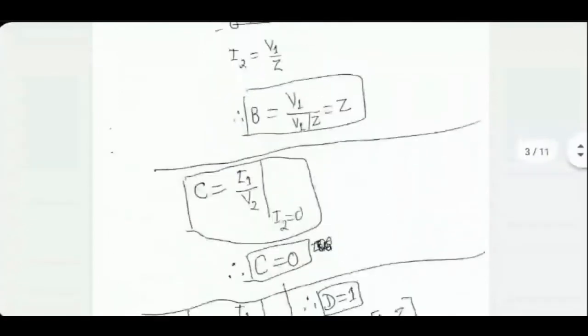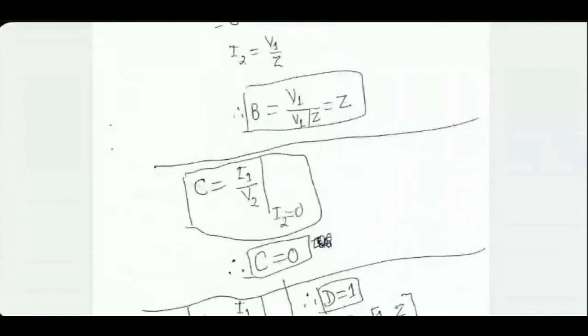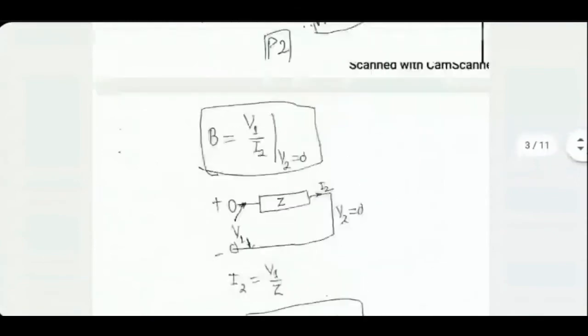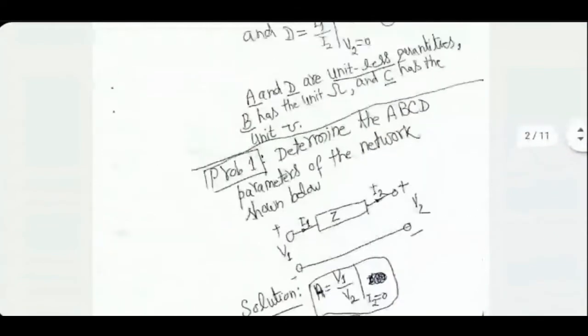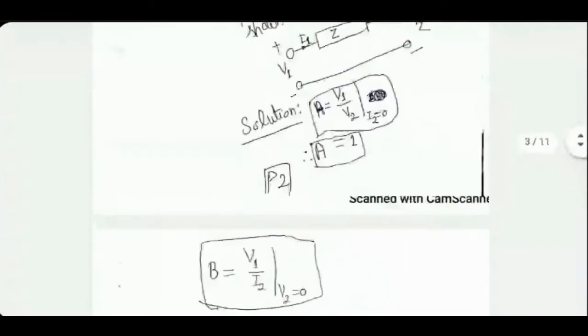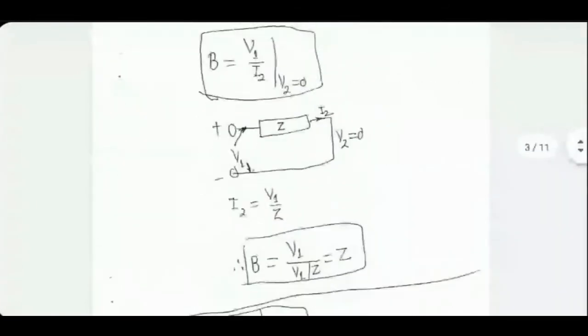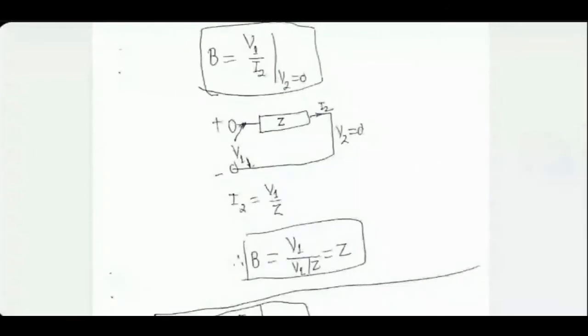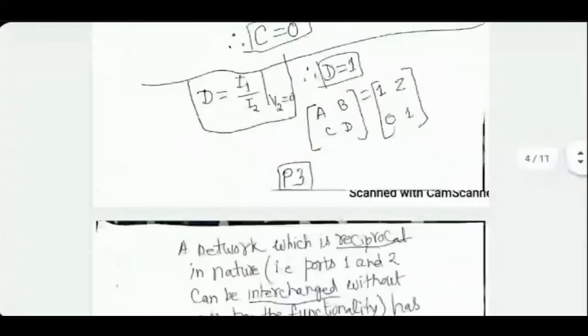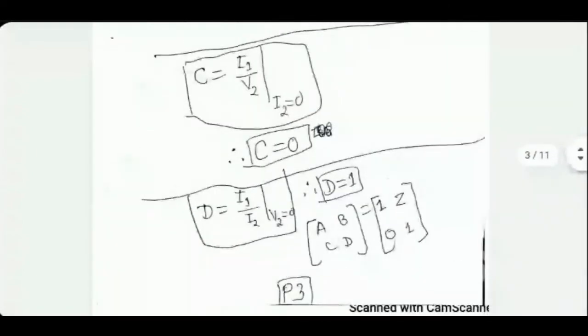C is defined as I1 divided by V2 when I2 is 0. If I2 is 0, I1 will also be 0. So I1 divided by V2 would be 0. So C is 0.